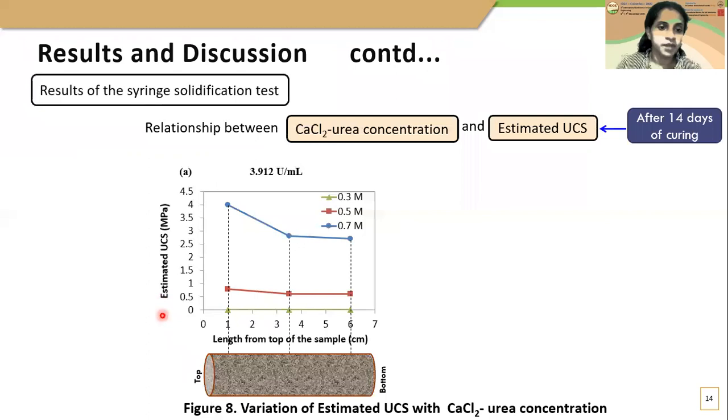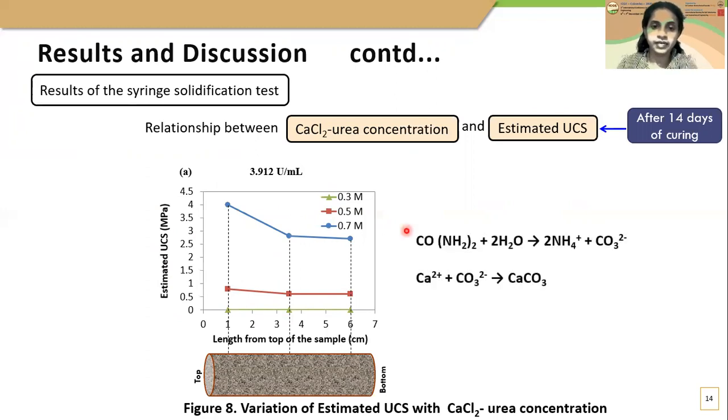When we consider the estimated UCS variation with the calcium chloride urea concentration, as the concentration increases from 0.3 molar to 0.7 molar, the estimated UCS is also increasing. We can explain this clearly using these equations.